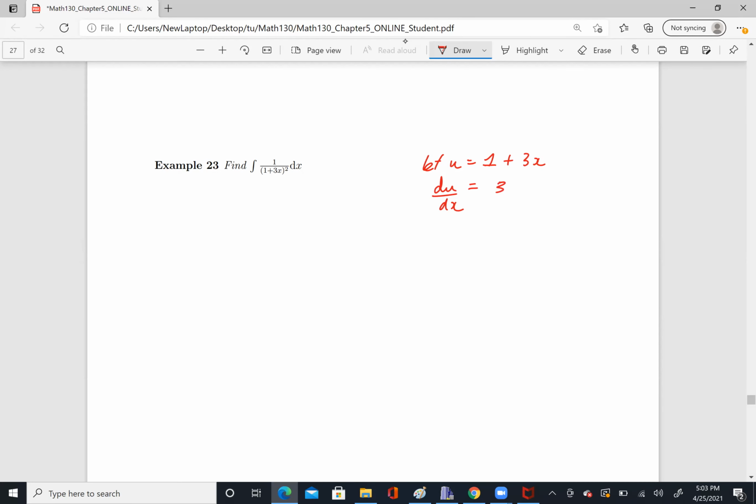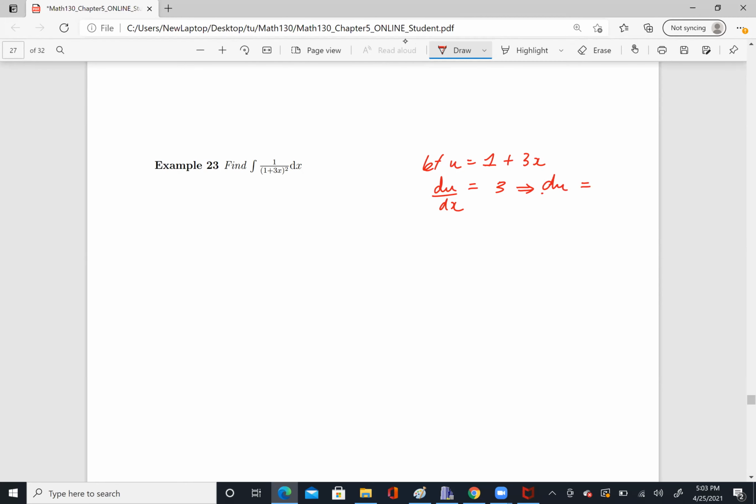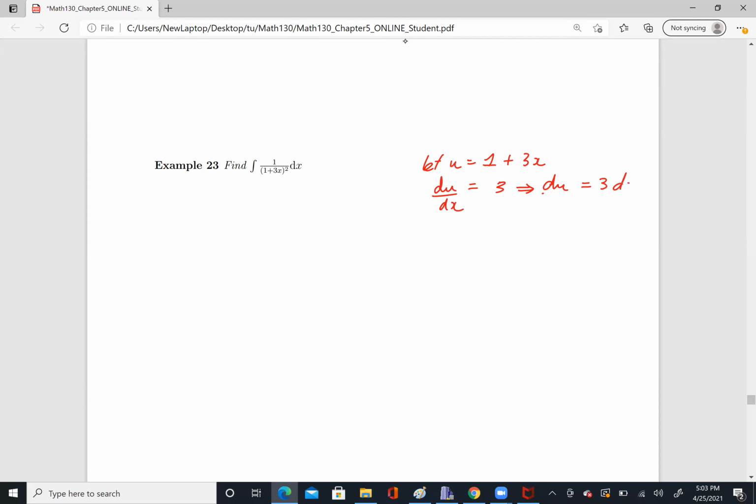So if you multiply both sides by dx, you have du equal to 3 dx.